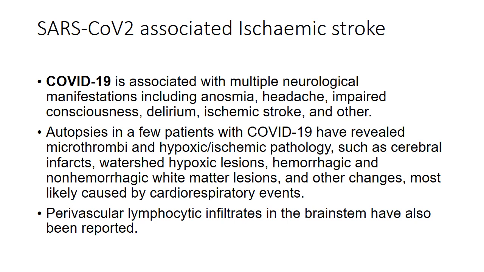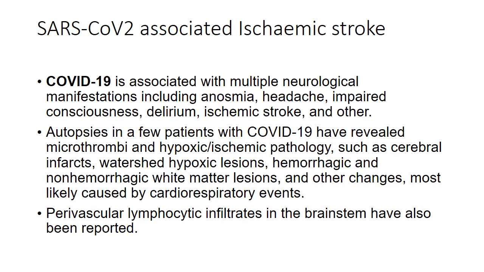Now, SARS-CoV-2 associated ischemic stroke. COVID-19, yes, it was a horror for all of us, right? So COVID-19 is associated with multiple neurological manifestations and includes anosmia, headache, impaired consciousness, delirium, ischemic stroke, and there are several others.